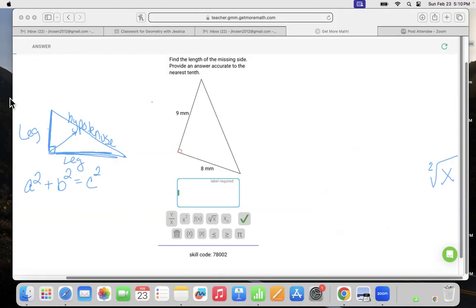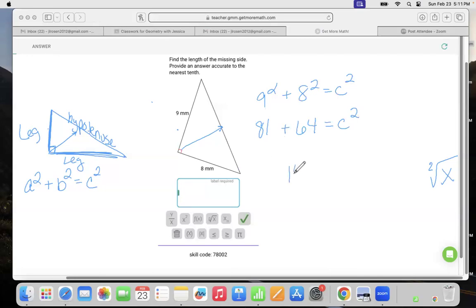Okay, so let's see. Again, my hypotenuse is going to be my longest side across from my 90-degree angle. So this one's going to be 9 squared plus 8 squared equals c squared. Well, 9 times 9 is 81, and 8 times 8 is 64. And we're just going to add those two together.